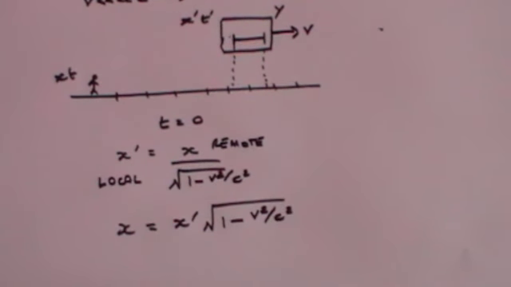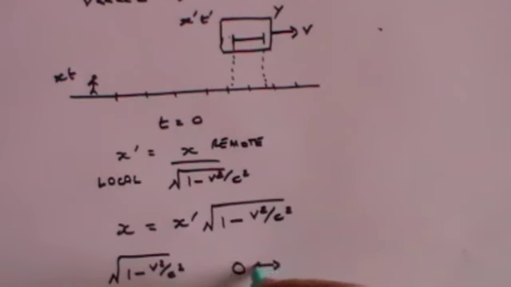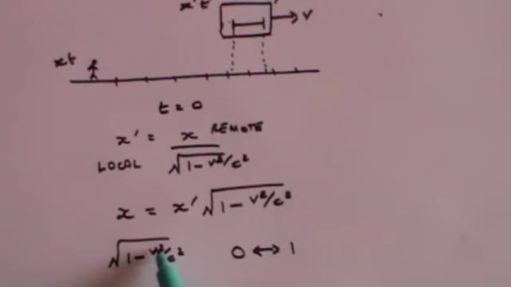And you'll notice that the square root of 1 minus v squared over c squared will always be between 0 and 1. If v is very small, then the v squared over c squared term becomes vanishingly small, almost 0, and this term becomes 1.